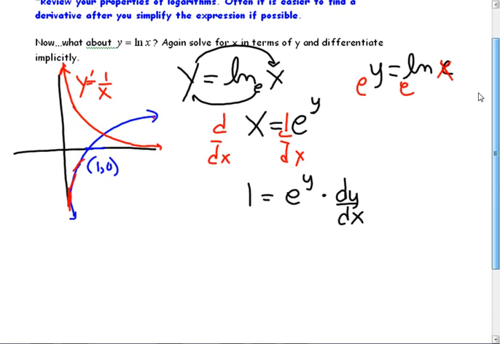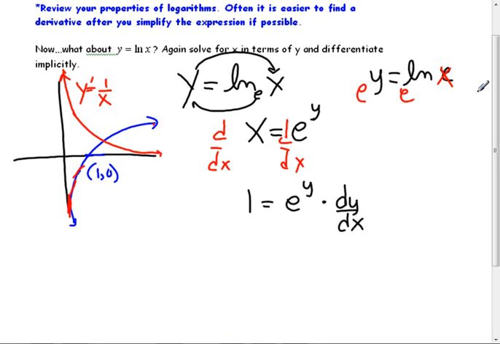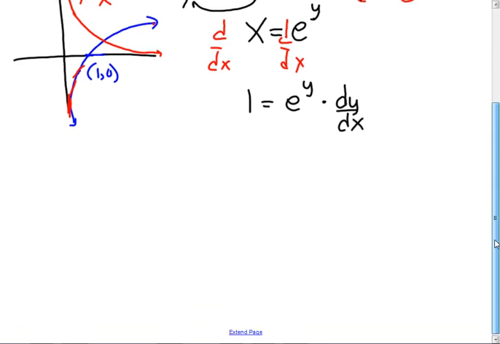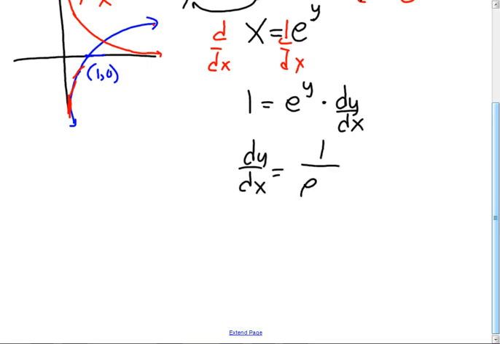I rewrote this log as the exponential, its inverse. Solve for x. x is e to the y. What I did is I took e to both sides. Otherwise, I'd use the definition, e to the y equals x. Okay? So now, dy dx is equal to 1 over e to the y.